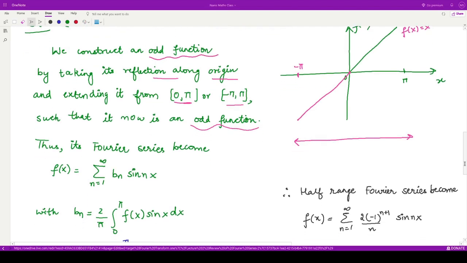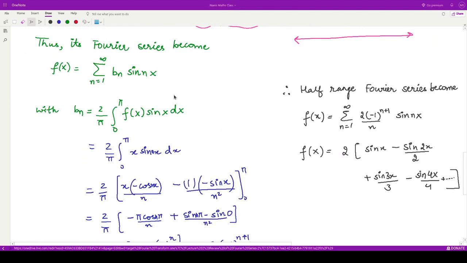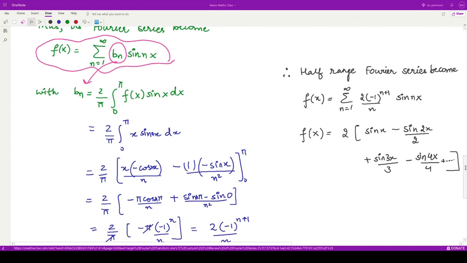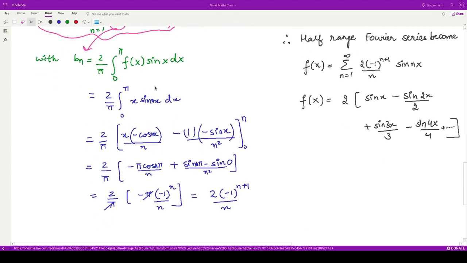So if we have an odd function, we know its Fourier series is given by this expansion containing only the sine terms. So you also see we save a lot of calculation over here. Moreover, these coefficients Bn are calculated using this formula. So let us calculate that for our given function f of x is equal to x. We just have to perform this integration.